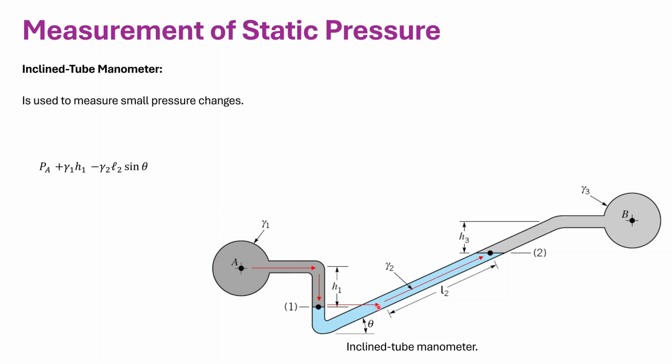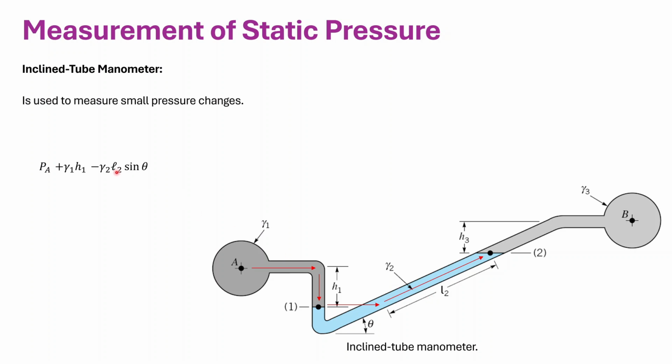We can go straight here because they're on the same line. And then from here to here, we're going up, so pressure decreases. But in order to get the vertical distance, we have to multiply by sine theta. So it becomes minus gamma 2 L2 times sine theta.